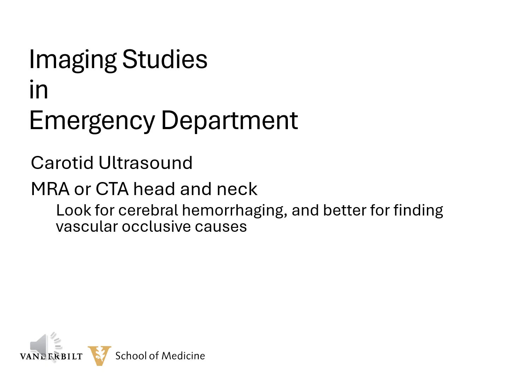And again, if a smaller ED is not sure exactly what to get, you do want to get a carotid ultrasound at minimum, but you really probably do want to get an MRA or a CTA of the head and neck to make sure they do not have any carotid occlusive disease, and also look for other central problems such as cerebral hemorrhaging or other vascular occlusions.